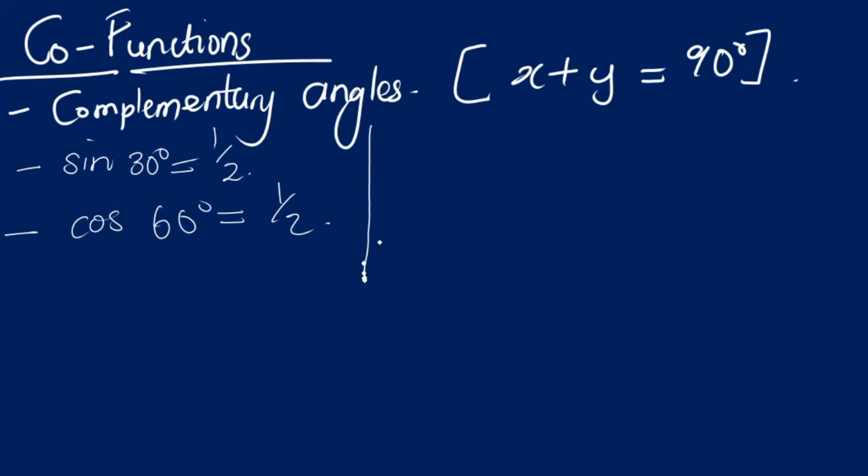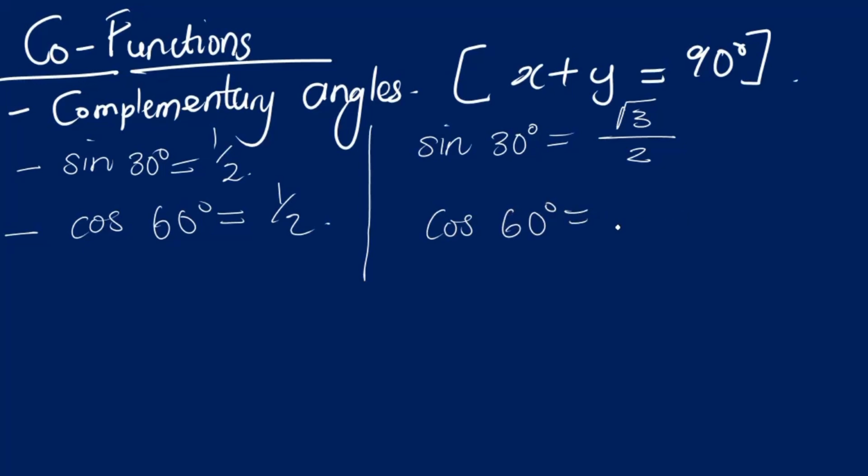Let's choose something else. Whenever we have the sine of 30 degrees, we get the root of 3 all over 2. Whenever we have the cosine of 60 degrees, we get the root of 3, you would have guessed it, over 2. Beautiful. Now, what's happening here? Whenever I have the sine of 30 degrees, this should be the same as what?